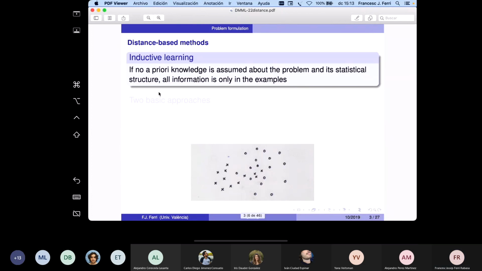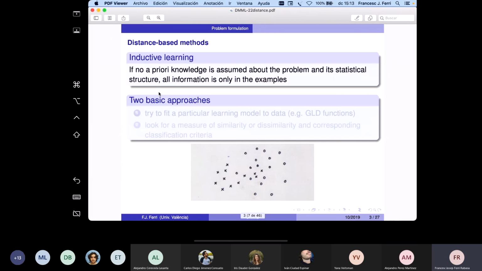Okay, if we do not assume any particular form in the distributions of data in the representation space, what do we have? Well, what we have is just data. And when we have just data with no assumptions, what can we do?